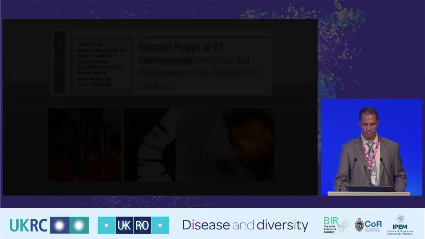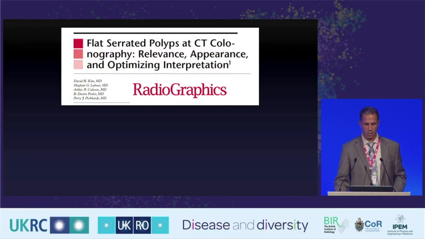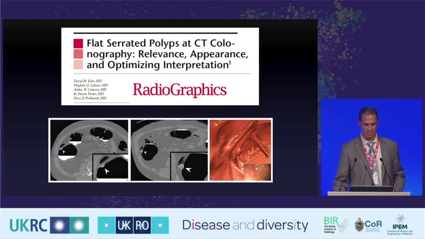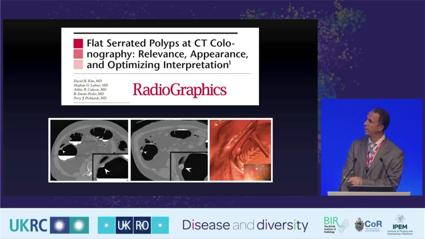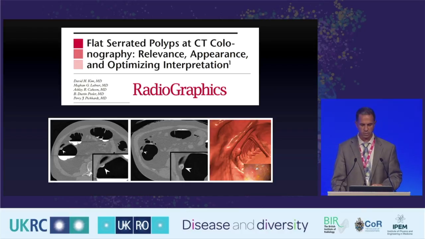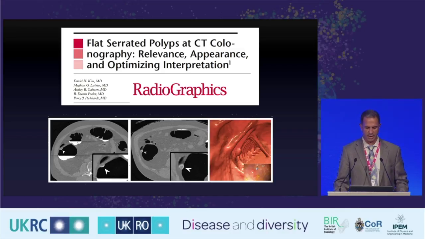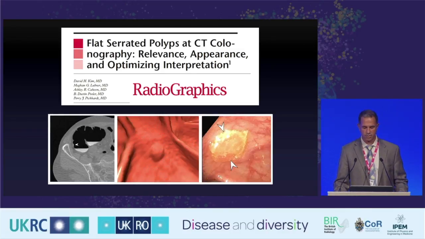And there's often a mucus cap, which I'll show in a moment here, that corresponds to that oral contrast coating. So here's an example from a recent review we did. And you can see that lesion in the ascending colon is coated with contrast on both views. It looks almost polypoid on 3D, but that's a very flat lesion that simply has that contrast tagging. And here's the mucus cap, in this case at colonoscopy.